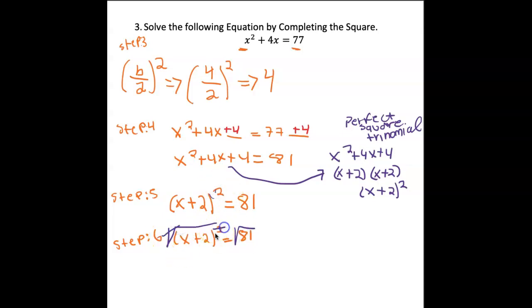So this and this cancel. So now I'm left with x plus 2 equals plus or minus, because every time you do this part, square root it, like this, you add the plus or minus, and square root of 81 is 9. So then we'll go ahead and minus 2, because we are solving for x.